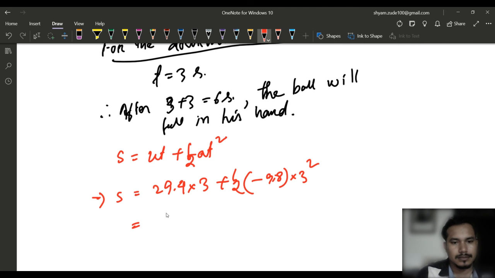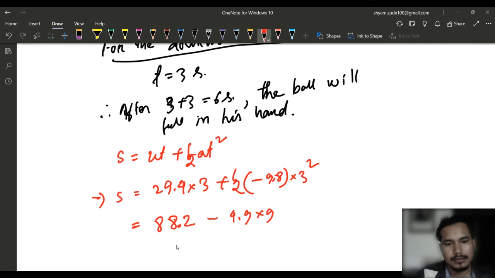So this is equal to how much? 3 times 29.4 is 88.2, minus 4.9 into 9, which is 44.1. So 88.2 minus 44.1 is 44.1.